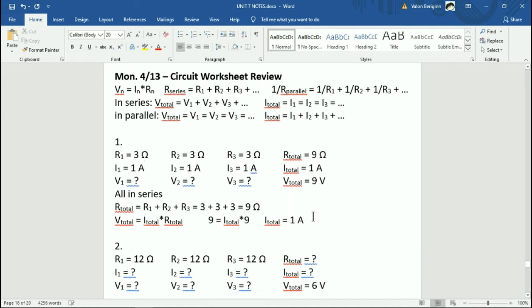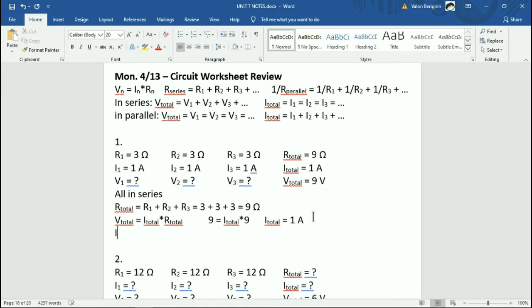I'll put that in here. Those are all equal to that. Now we have I1 and R1, I2 and R2, and I3 and R3, so we can use V equals IR to solve for V1, V2, and V3.